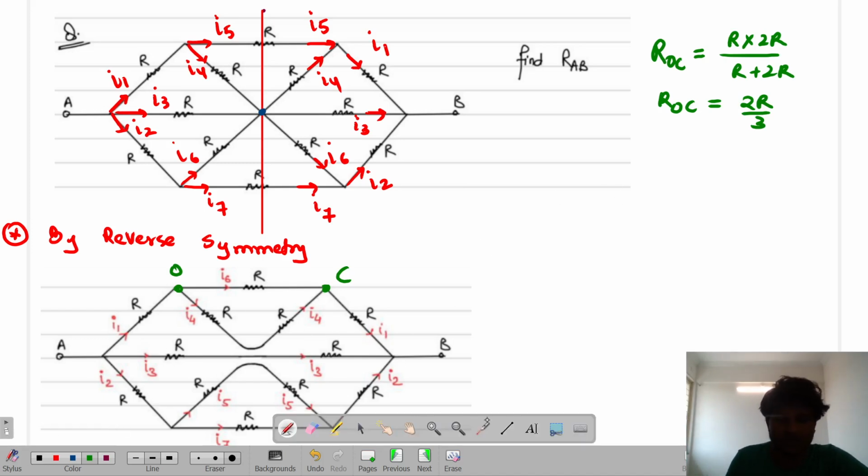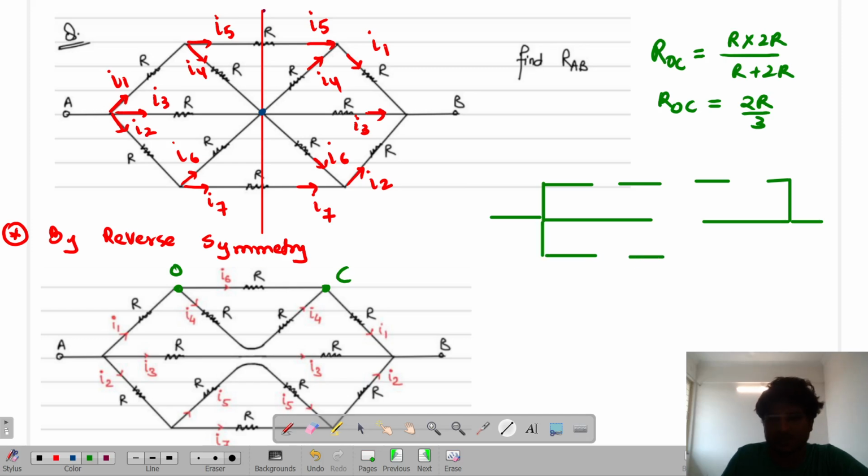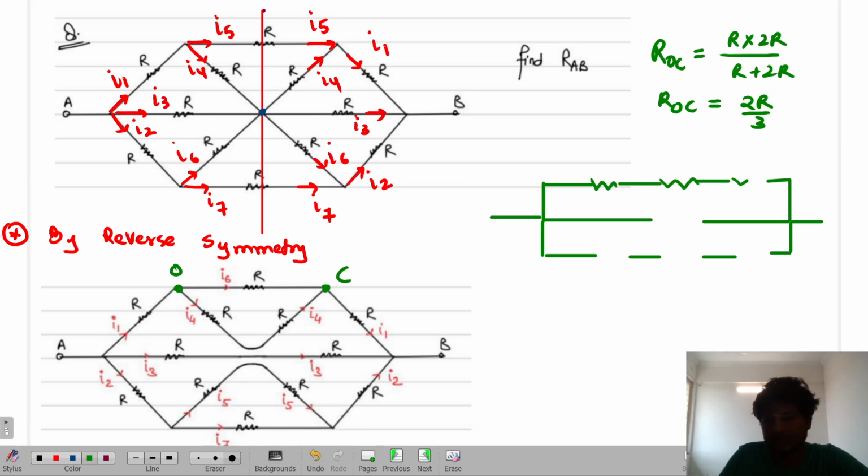Basically, the circuit will be changed this way: 1, 2, 3, and then this is 2R, and then this is once again the same circuit. So can you solve it now?